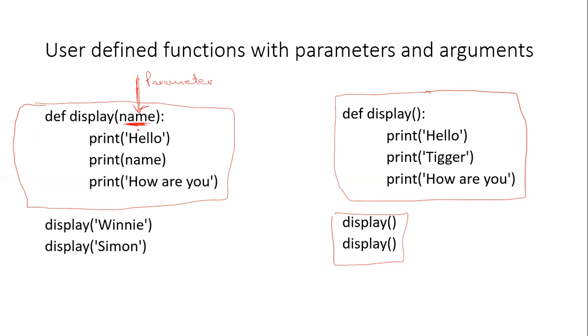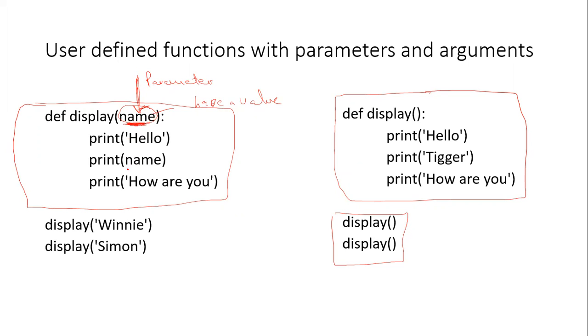So this parameter, think of it as being similar to a variable, and it will have a value. Remember that a parameter brings in a value. So this will store that value. The value that I'm bringing in will be stored in this parameter called name. So that's the one difference.